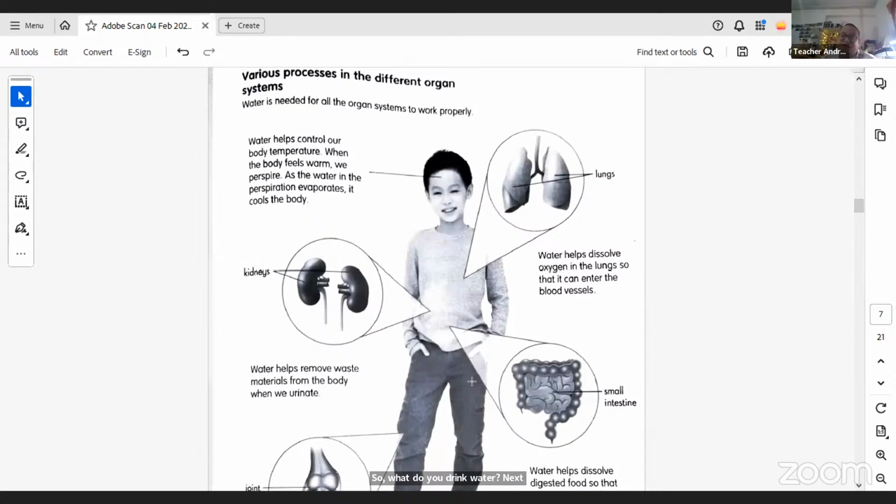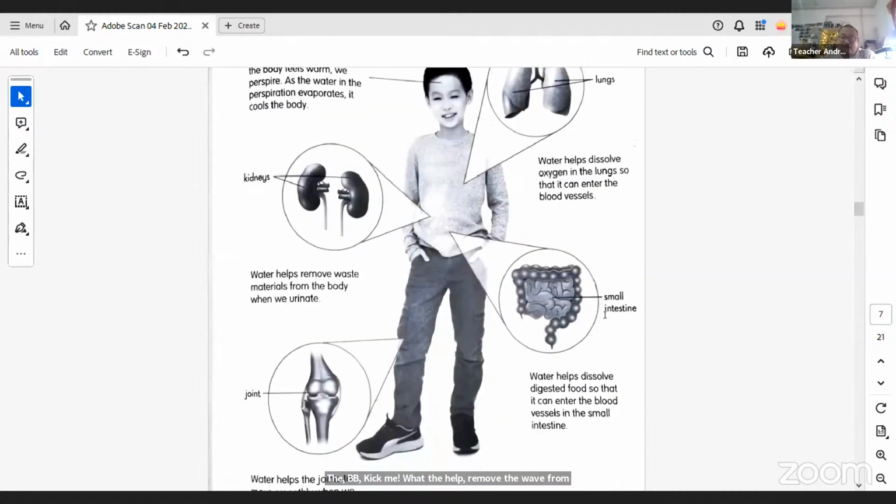Next up, the lungs. Water helps to dissolve oxygen in the lungs so that it can enter the blood vessel, as mentioned earlier. The air sac bubble, the balloon. Kidney. Water helps remove the waste material from the body when we urinate. In the small intestines, water helps to dissolve digested food so that it can enter the blood vessel in the small intestine.